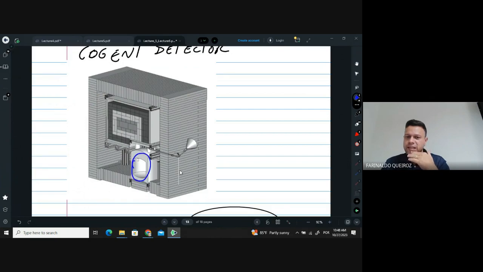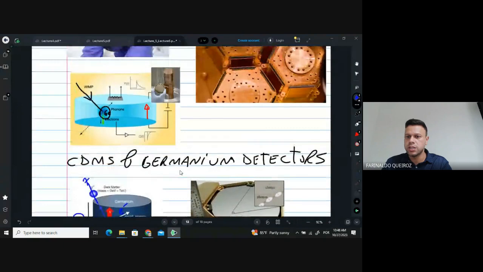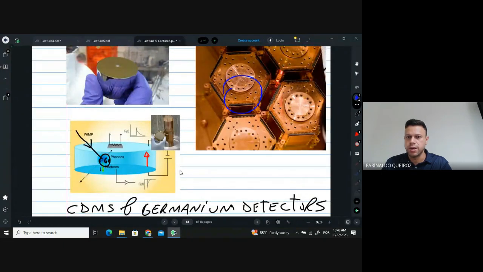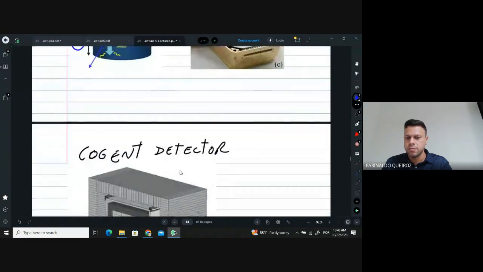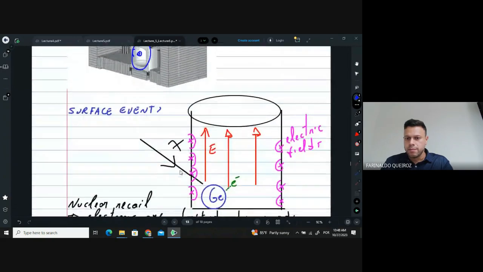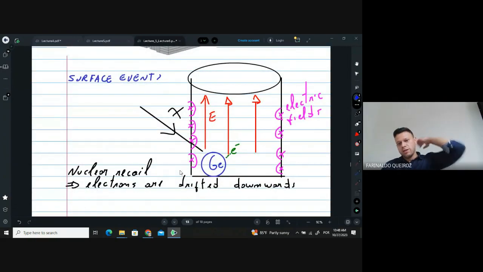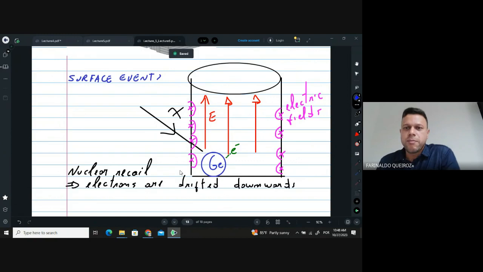So in this place here, this hole is where those detectors would be, these ones, okay? And let me tell you a story very important for direct dark matter detection.